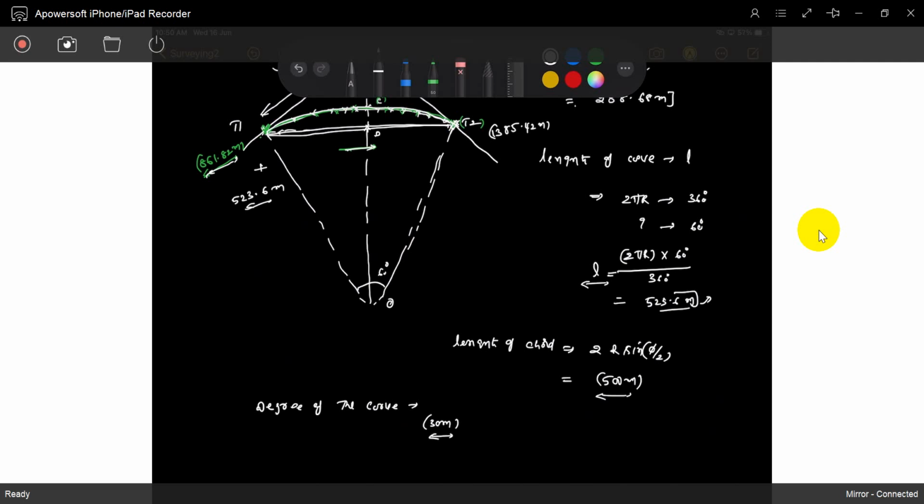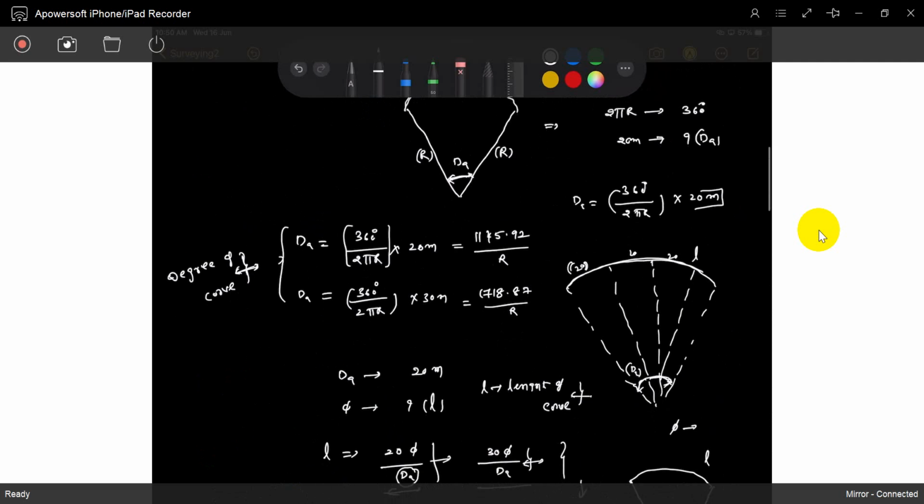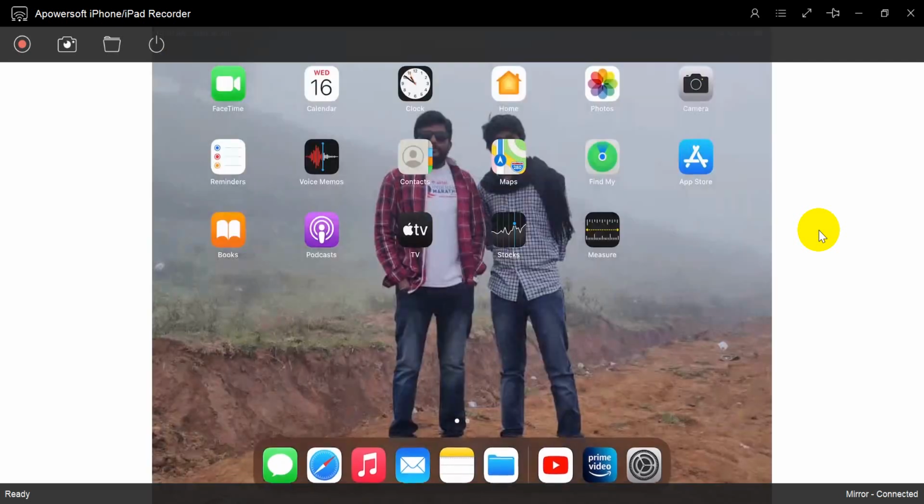This is not essential to this problem, just general. The degree of the curve is based only on r, the radius of the curve, and a 30 meter or 20 meter chain. So this is the 30 meter chain.